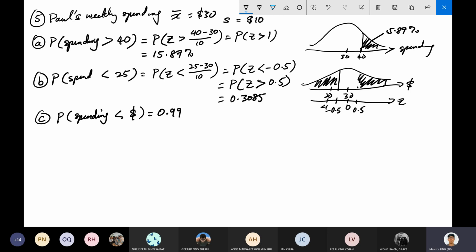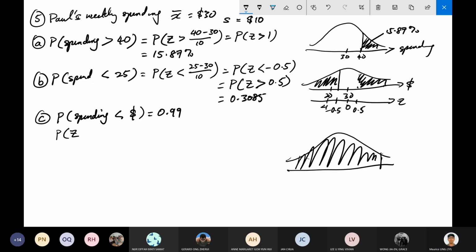If we do that, we also say that you want to have a z-axis. You want 99% chance, which means that the area that you shade is 0.99. So indirectly, what is the area of here? This is 0.01.